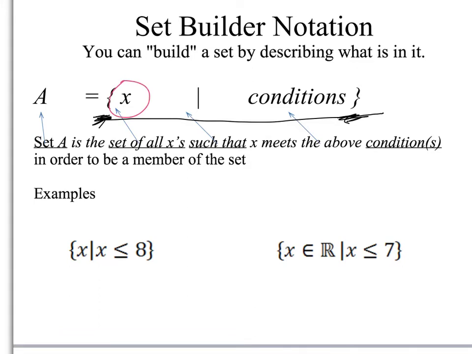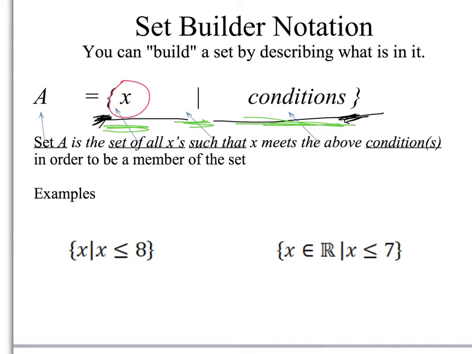And then this little line right here, everything that you're going to see here is about the format of how you write it. That little line just means such that. So when you're reading all this out, you would say it's the set of all X such that, and then whatever the conditions are.